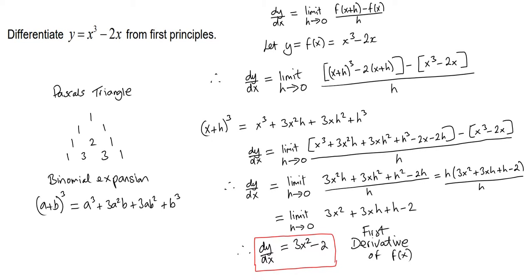So if we look at this example here, the first thing we have to write down is the formula, as it's given to you. So it's f dashed x. That f dashed x just means exactly the same as dy by dx, because remember, they mean the same thing.